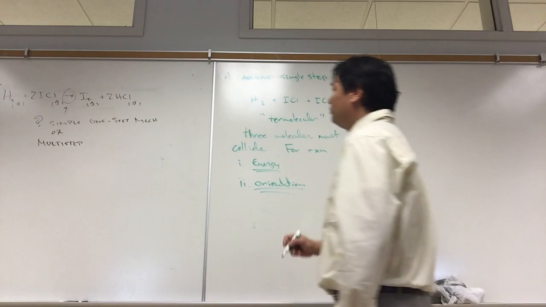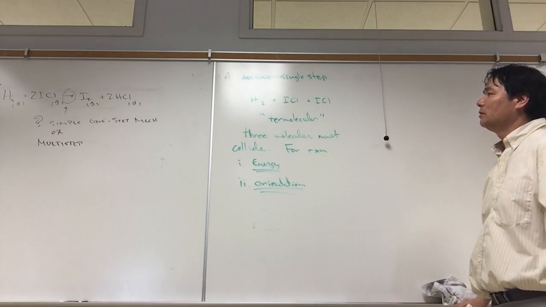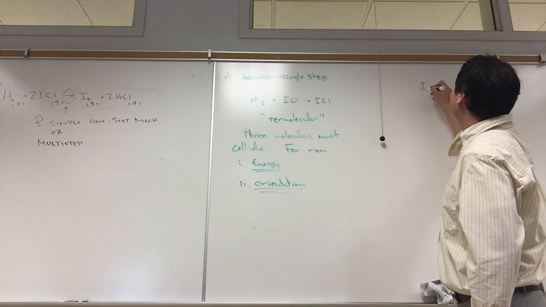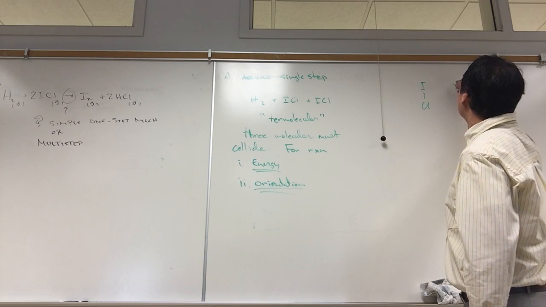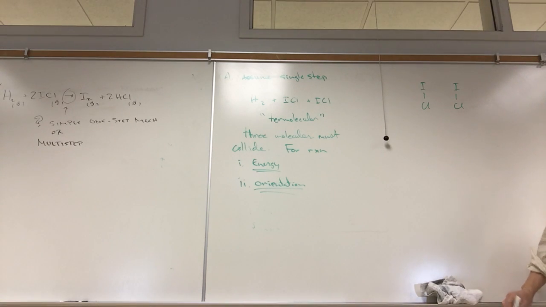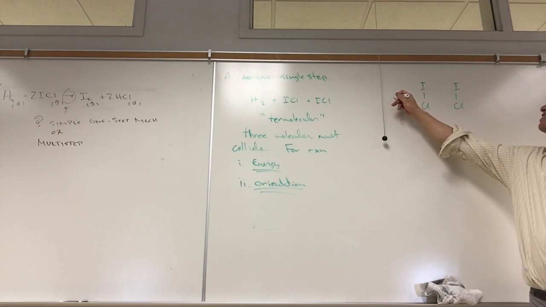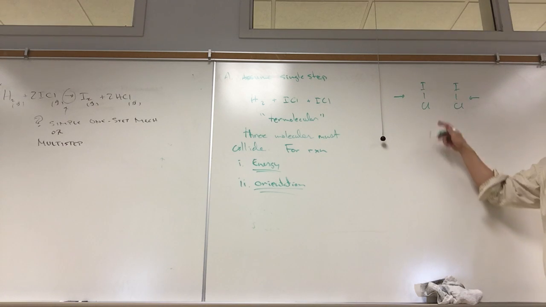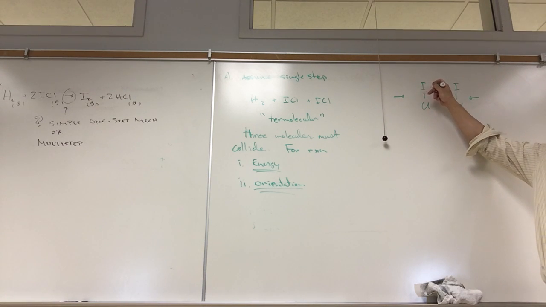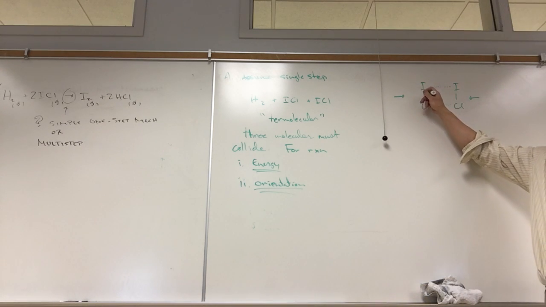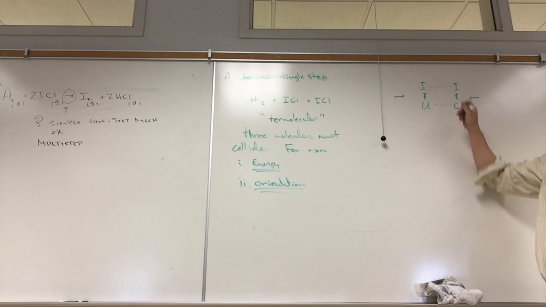And so what are we trying to form? We're trying to form I2 and HCl. And so maybe I need to line up the iodines. Let's see what the transition state might look like. If these collide like this, let's say this ICl is moving this way, this ICl is moving this way, then I can start forming the I-I bond here, and the Cl-Cl bond, and then start breaking the ICl bond.